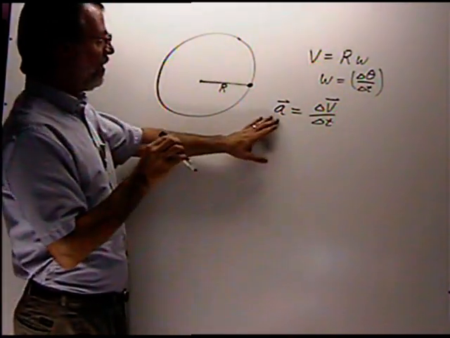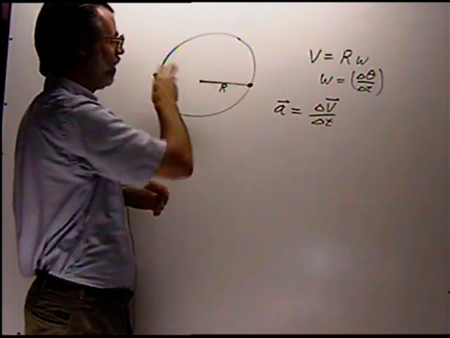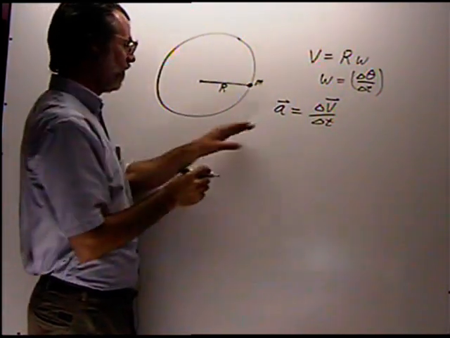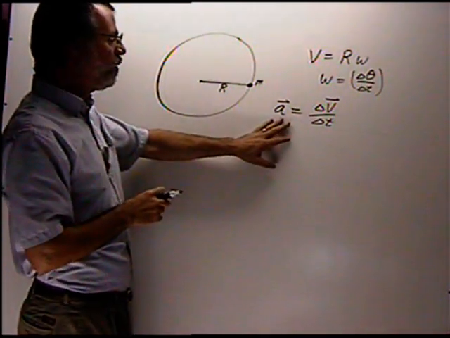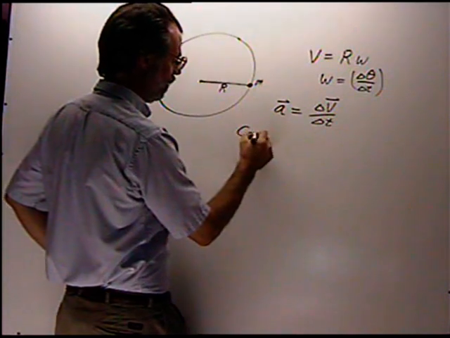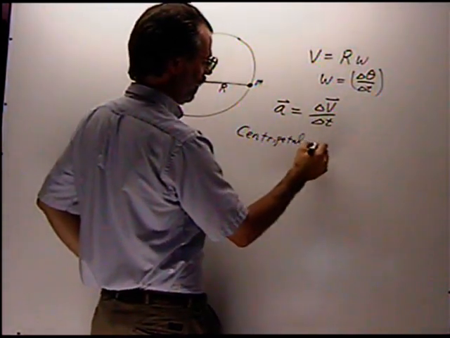So, in order to keep this mass spinning around, this rock spinning around, we need to be supplying what's called a centripetal acceleration.